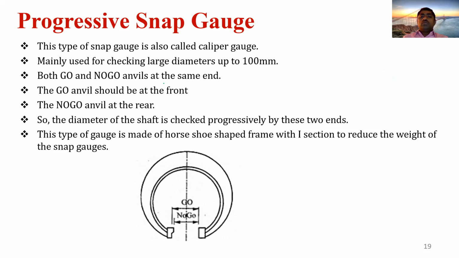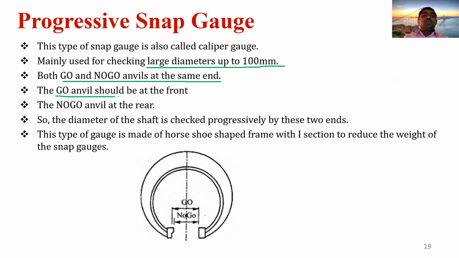And then the progressive snap gauge. In the progressive snap gauge, both the limits, lower limit and upper limit, are made in one end only. It is mainly used for checking large diameters up to 100 mm. Both go and no-go anvils are provided at the same end.